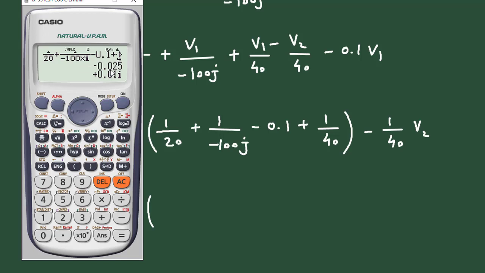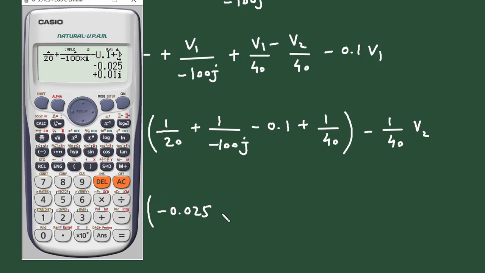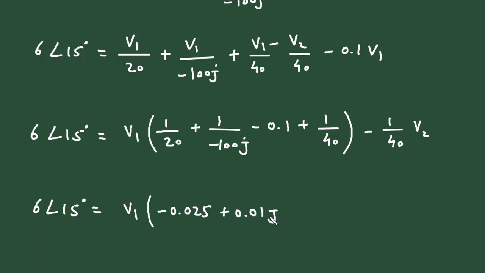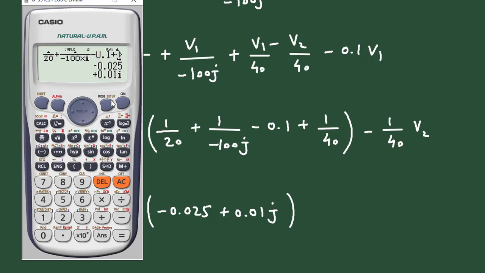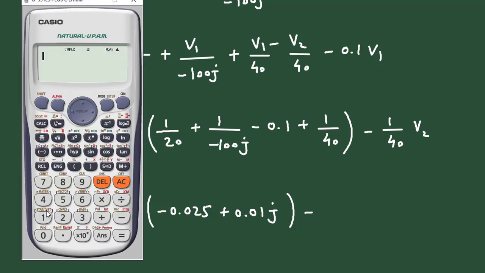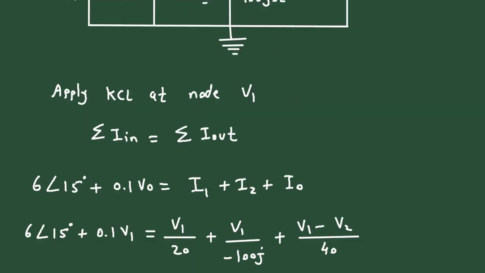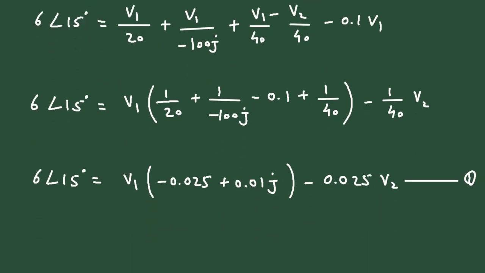So it is minus 0.025 plus 0.01j minus 1 upon 40. This 1 upon 40 can be written as 1 divided by 40 is equal to 0.025, so 0.025 V2. Let's say this is equation number 1. Now we got equation number 1.